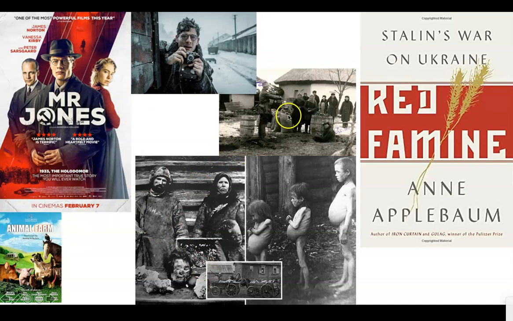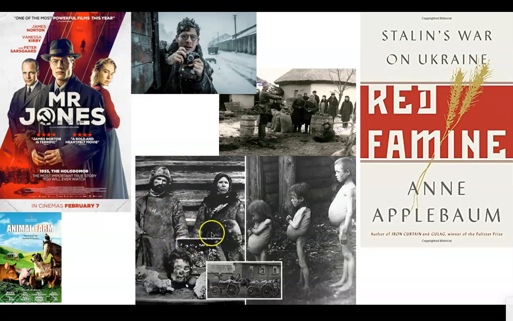And as I said, there was a famine that was essentially pushed upon Ukraine. And there's a fantastic movie based on a true story about it that came out 2019 or 2020 called Mr. Jones, about this guy Gareth Jones, who was a British reporter, went to Russia, kind of snuck over to Ukraine, and saw what was happening there.